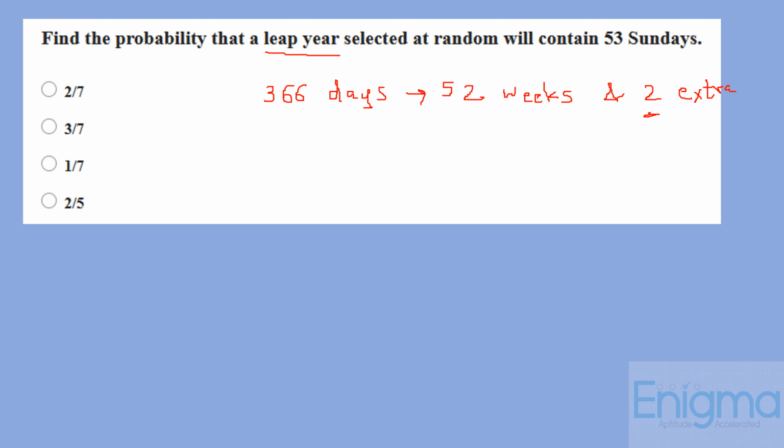Now, as we have 2 extra days, there is a possibility that these 2 days could be Saturday, Sunday or Sunday, Monday. These are the only 2 possible ways in which we can have 53 Sundays, and hence the probability comes out as 2 by 7, because the total outcomes are 7.